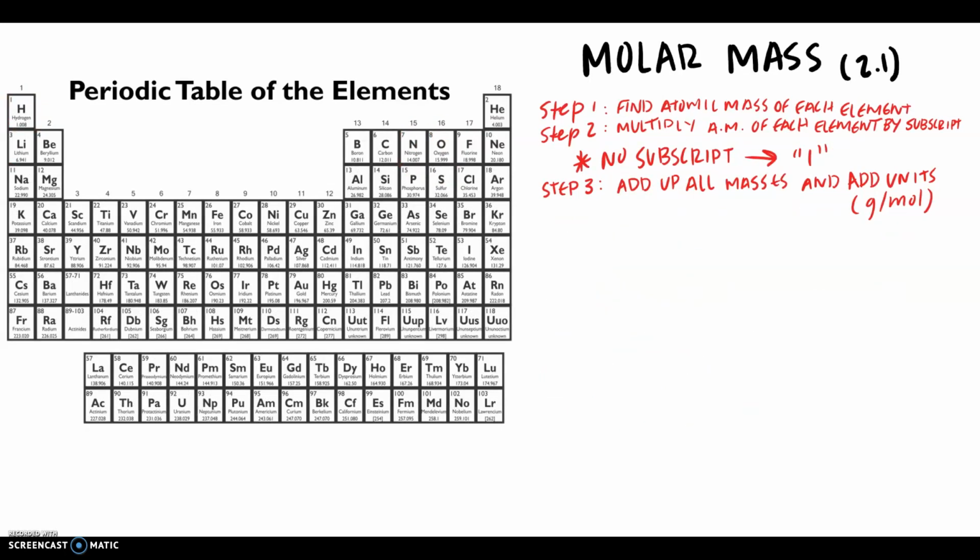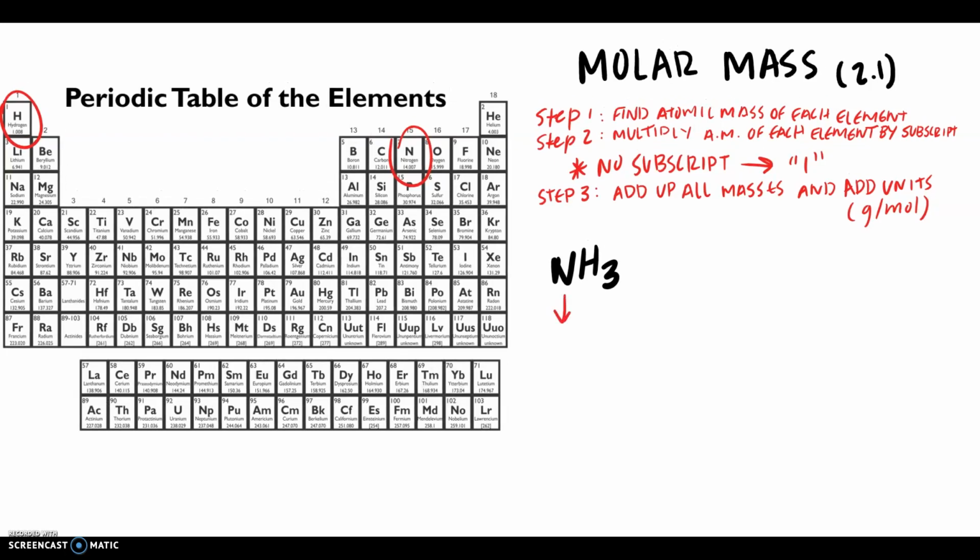Alrighty, just so we get more practice with subscripts, we'll do one more example. So we'll do NH3. And we'll run through this one pretty quickly since we already went over the steps, but step 1, look for the atomic mass in the periodic table. For nitrogen, it's 14.01, and for hydrogen, it's 1.01, right? And because of that subscript, we know that we're going to multiply the atomic mass of hydrogen by 3.